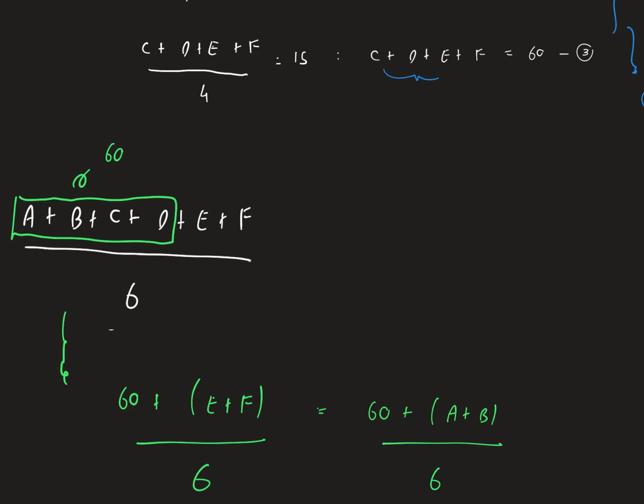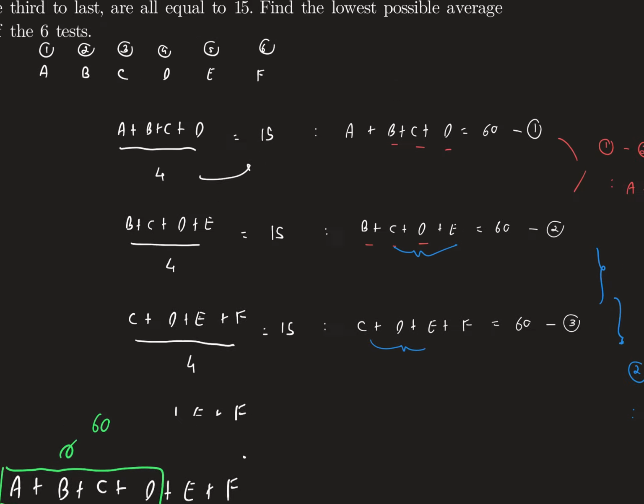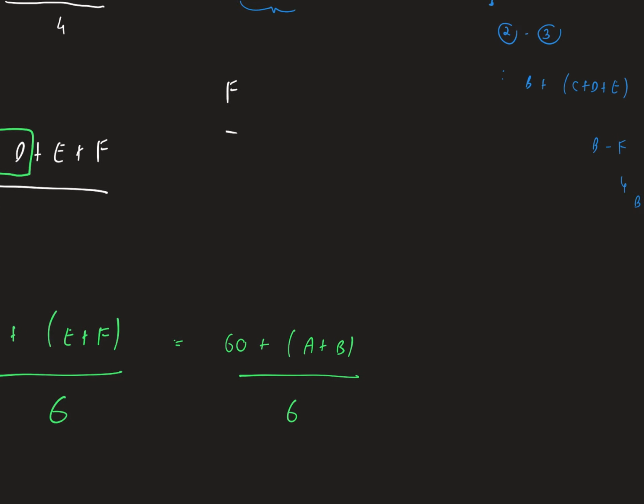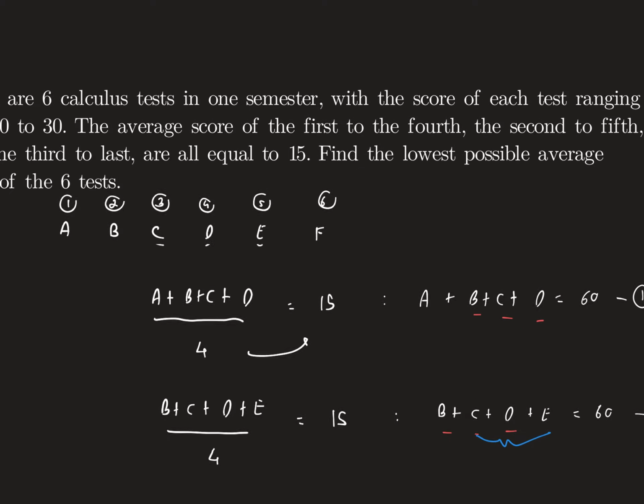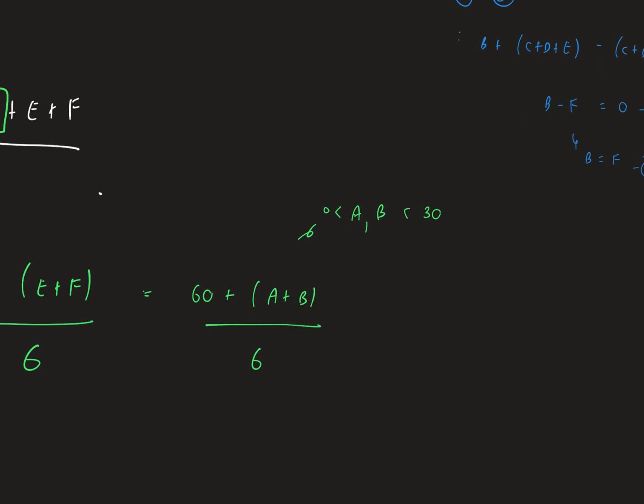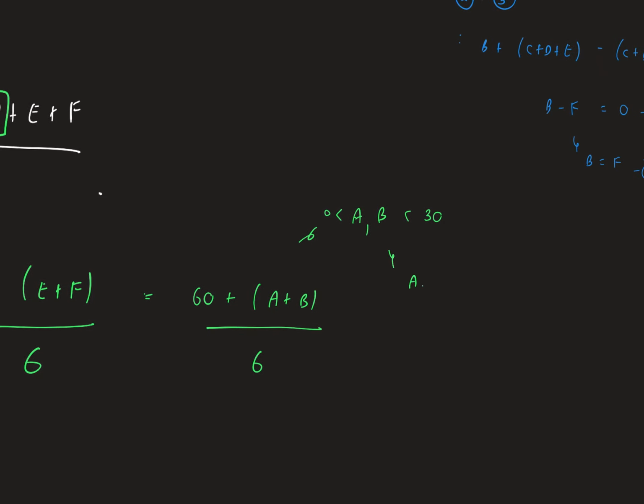So the step that we're going to use to find the lowest value is, we know that the minimum value of A and B is 0 and the maximum is 30, since it is given in the question. And what if A and B are both 0?